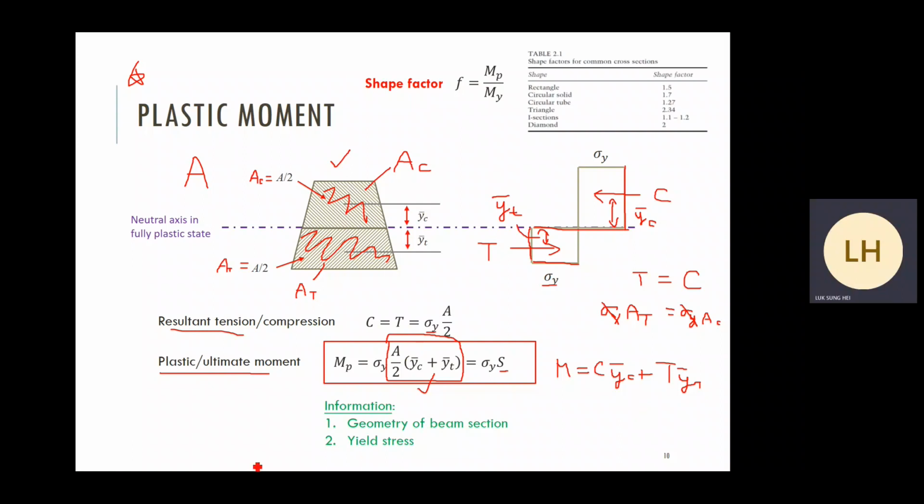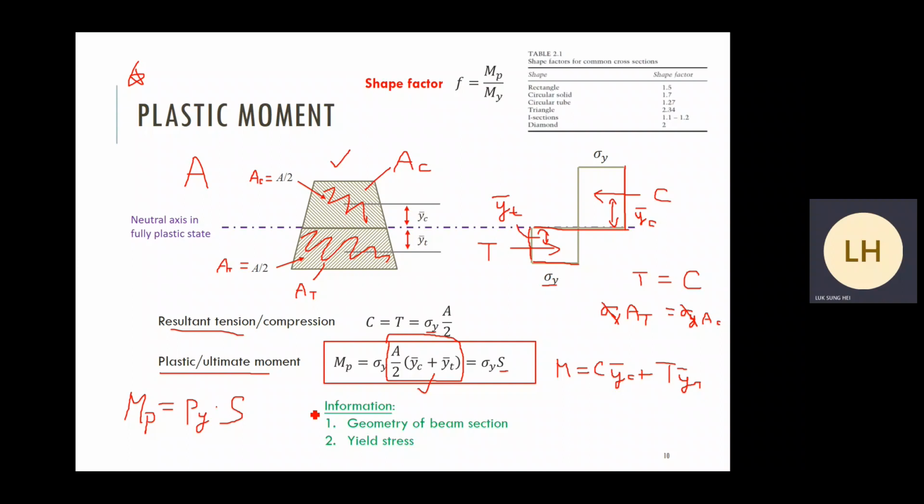In your steel design, you have seen this equation again. Plastic moment is equal to your design strength times another modulus, S, right? We call that plastic modulus. This is the formula you use in your steel design when it is a class 1 section. I hope you still remember what is so-called class 1 section or class 2 section for steel design. If you forget, please go back to review how to do steel design.